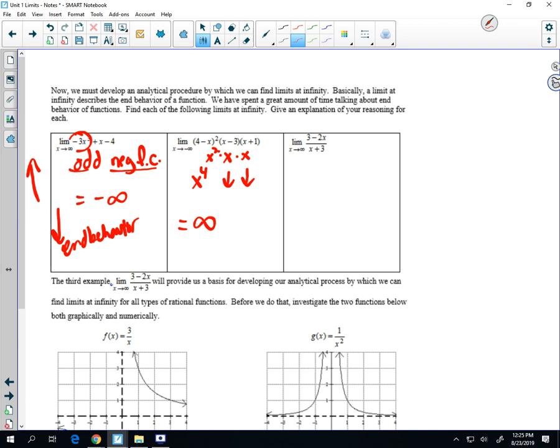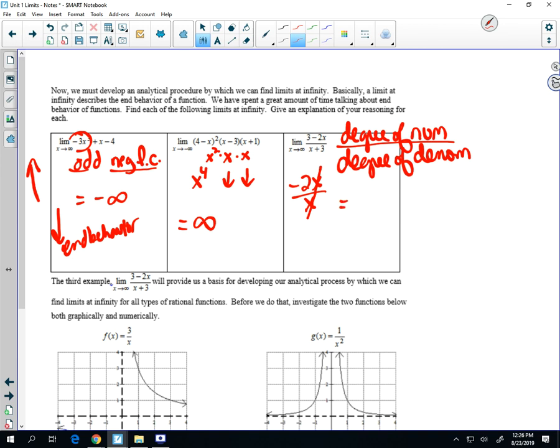What about this one? This is where we talk about the degree of the numerator versus the degree of the denominator. Yes? So if you remember back in Algebra 2 and in pre-calculus, when we have something like this and we're trying to go to infinity, we look at the degree of the numerator over the degree of the denominator. And since they're the same, remember if they're the same, like negative 2x over x, you take the leading coefficients, right?